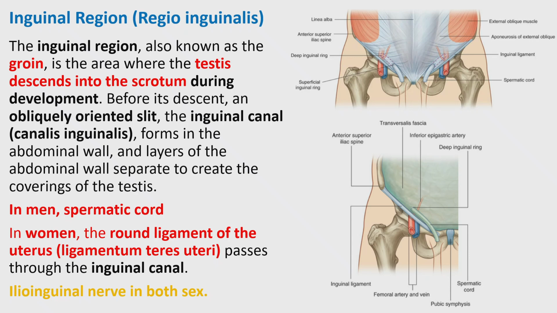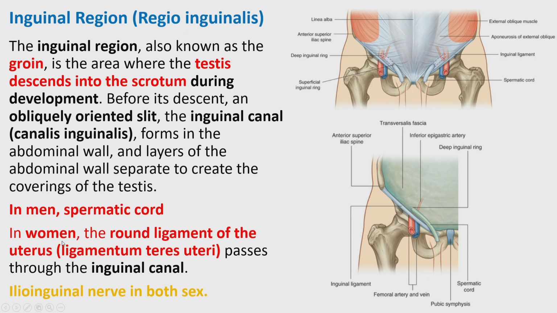The descent of this testis passes through this inguinal canal, the place where the spermatic cord passes. So the inguinal canal, which is located in the inguinal region, in men contains the spermatic cord.